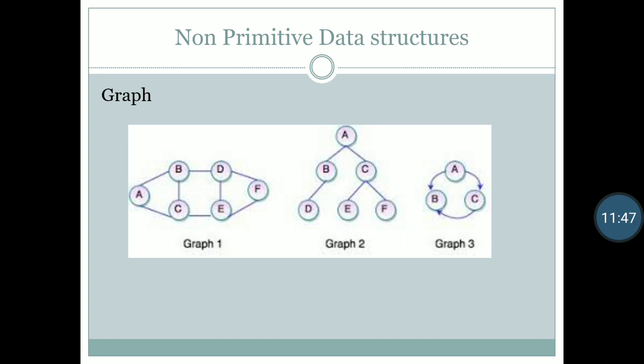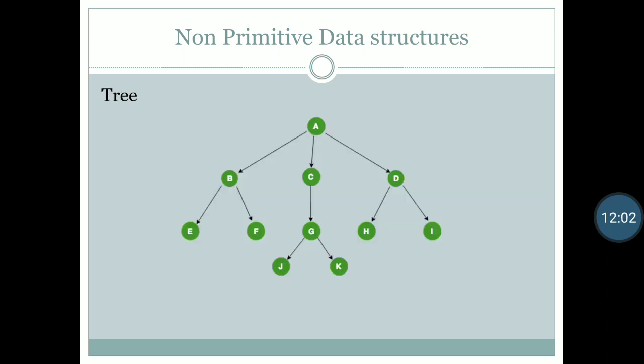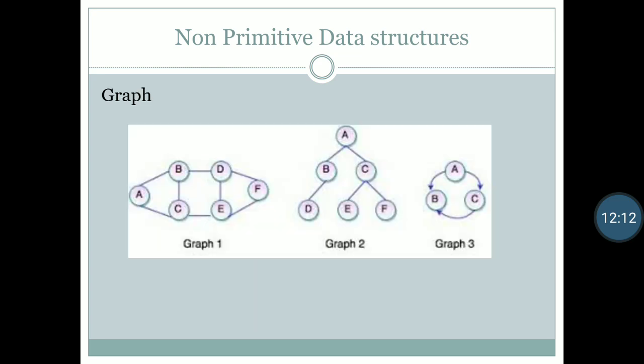So basically we can say a graph is a superset and a tree is a subset, meaning a tree can be a part of any graph. The essential condition of a tree is that it will not generate a circular path. In this example we can see there is no circular path, but a graph can generate a circular path between different nodes. So these are the non-primitive data structures.